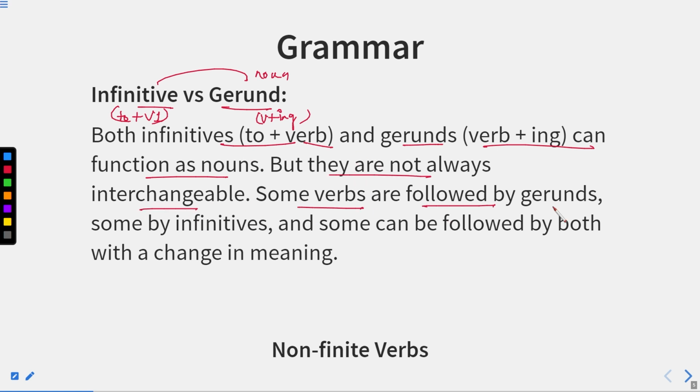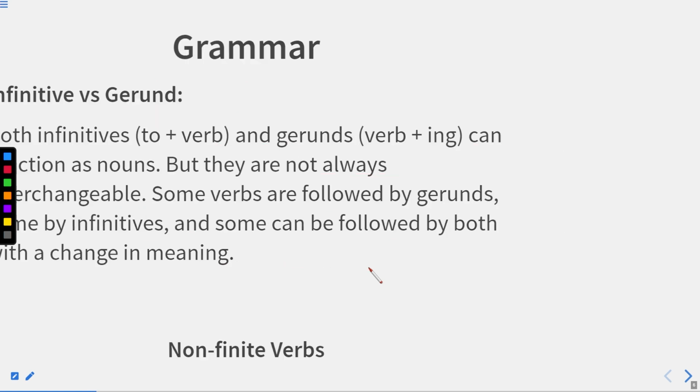Some verbs are followed by gerunds, some by infinitives, and some can be followed by both with a change in meaning. It means there are several verbs which are always followed by gerunds only. There are several verbs which are always followed by infinitives only. But there are some verbs after which we can use either of the two, but they will have different meanings and different contexts. So in this session, we are going to elaborate all those points.